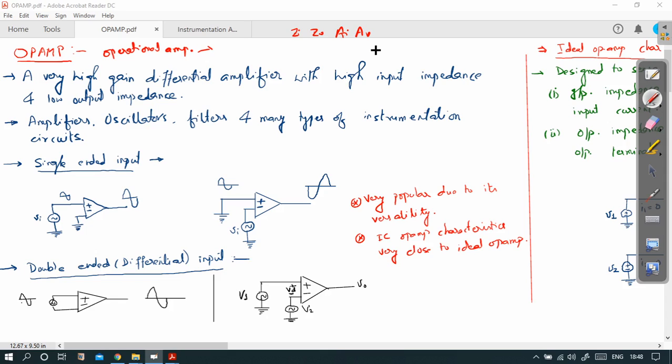These were the four parameters that were important from any amplifier point of view. Ideally we want an infinite value of input impedance and a zero output impedance, and we want a high value of gain.